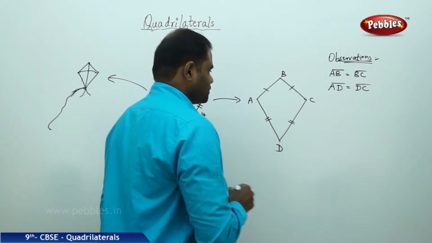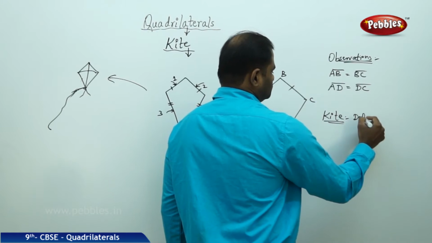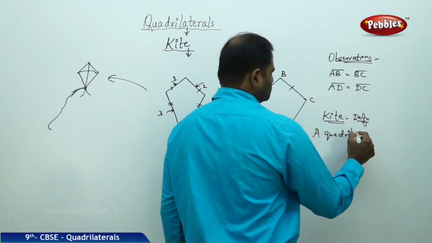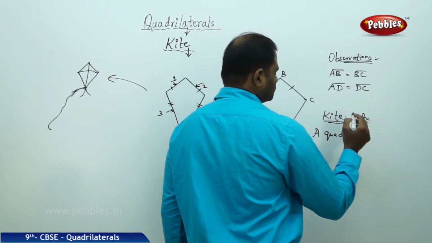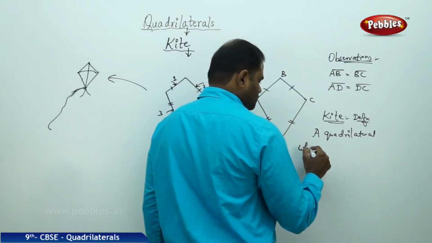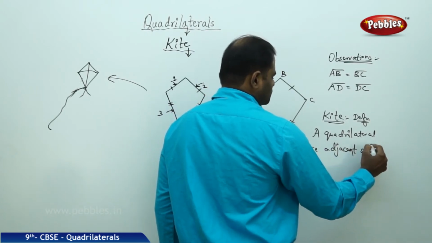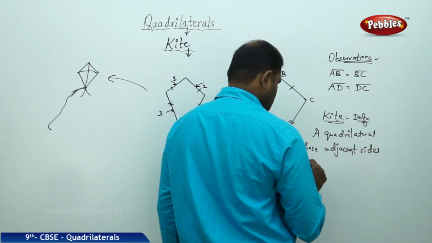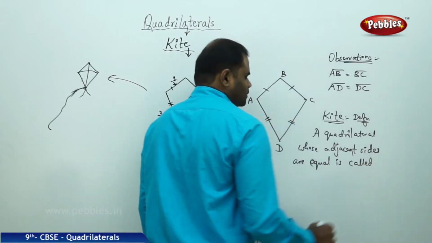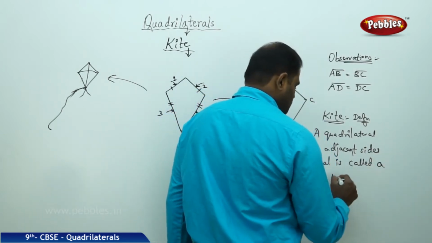So let's see the definition of a kite. A quadrilateral whose adjacent sides are equal is called a kite.